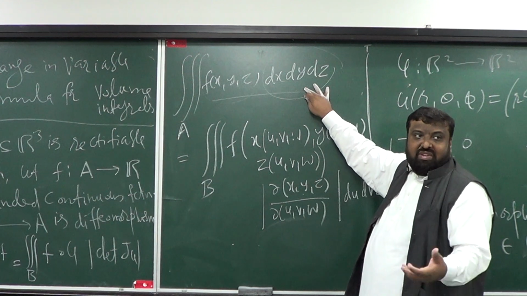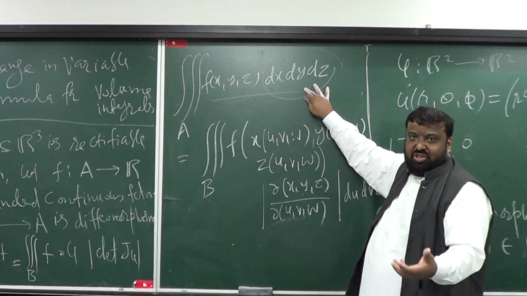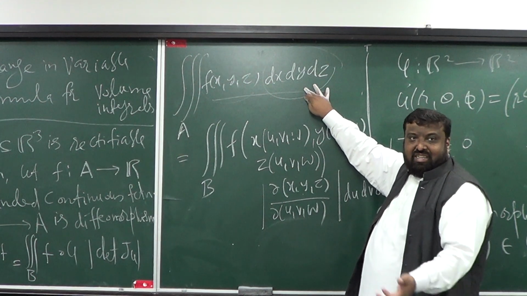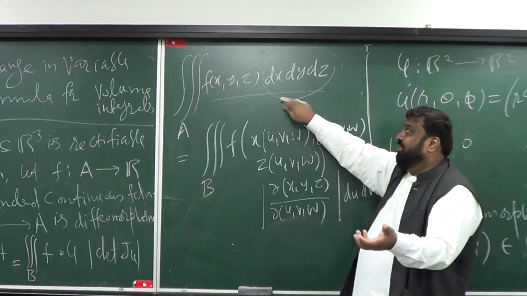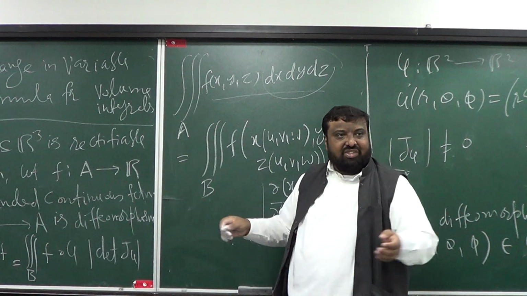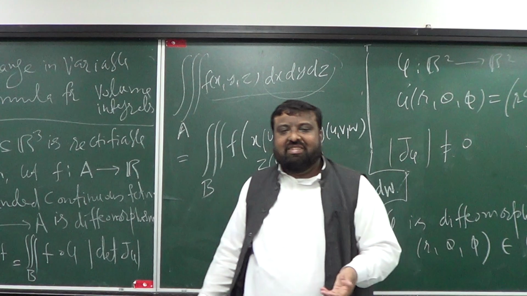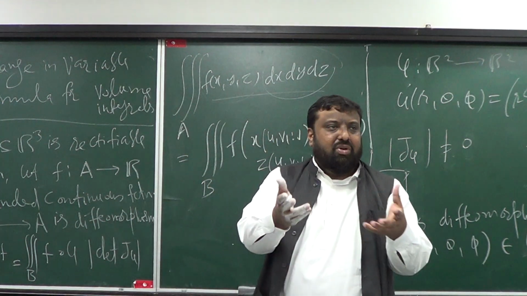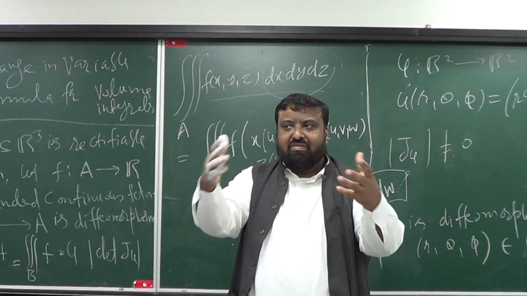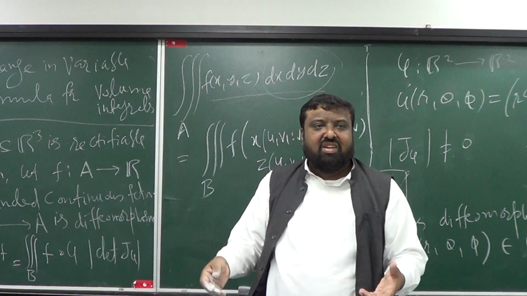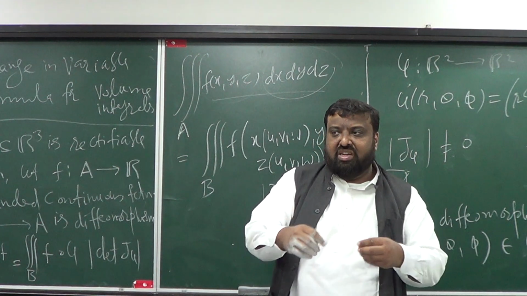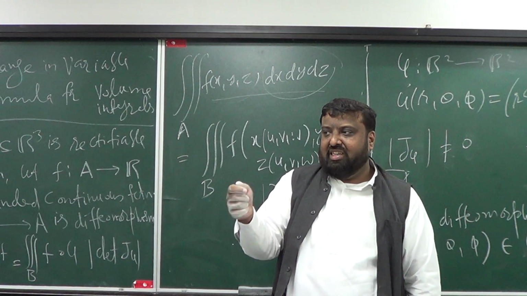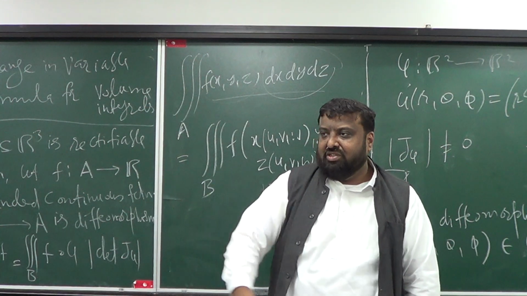So previously you had a container that was a cube, and you were putting an object into that container. That object is f, so think about it. Like think about sugar in a box, or some grains in a box. You have some funny volume, and in that you have a lot of sugar. And then you are taking a container that is a rectangle, and just filling it with that.